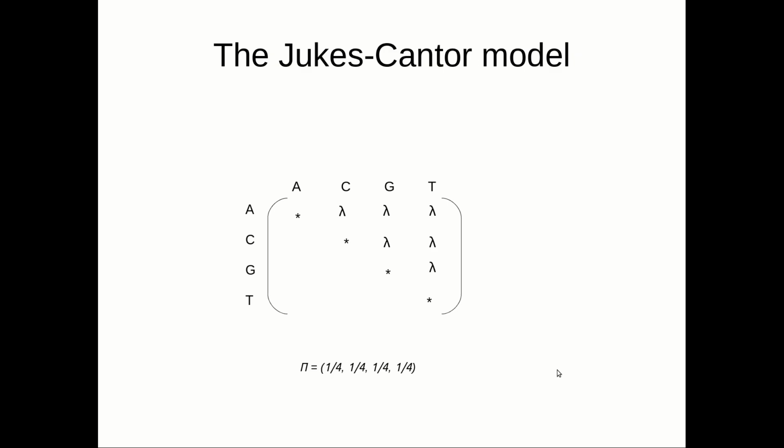So let's look at some very simple models. The most simple model you could ever imagine is the Jukes-Cantor model. Here you would assume that all rates are equal, so all transitions happen at the same rate, and you would also assume that all stationary frequencies are identical, so 1/4, 1/4.